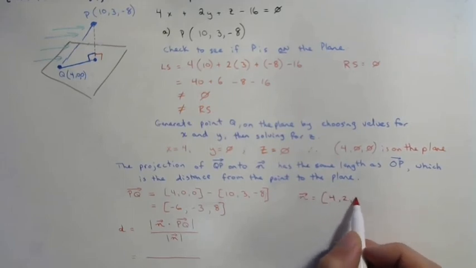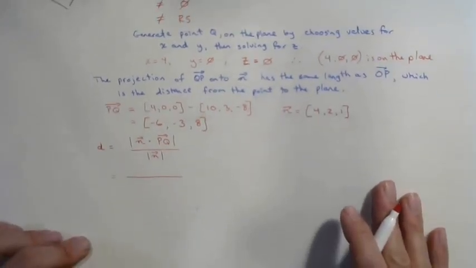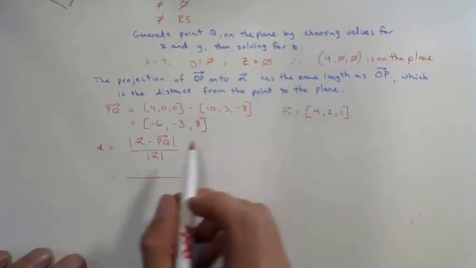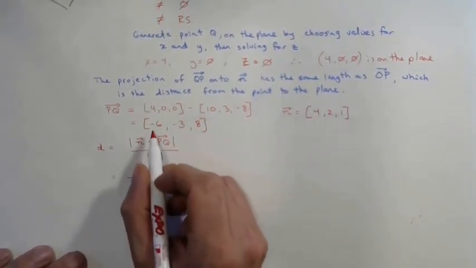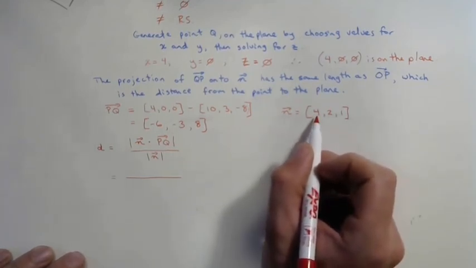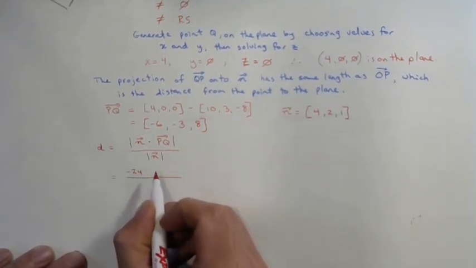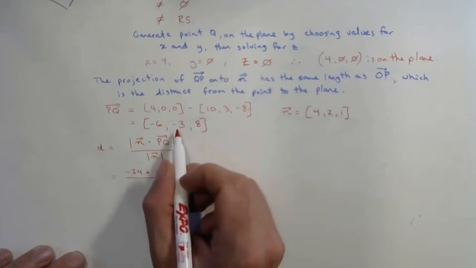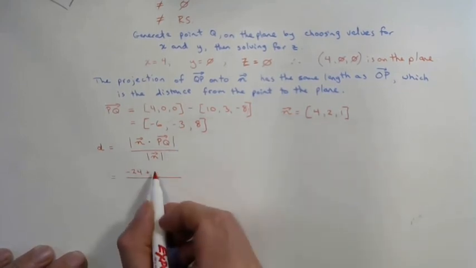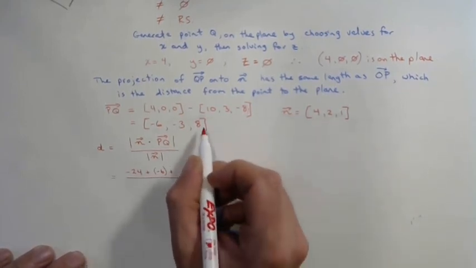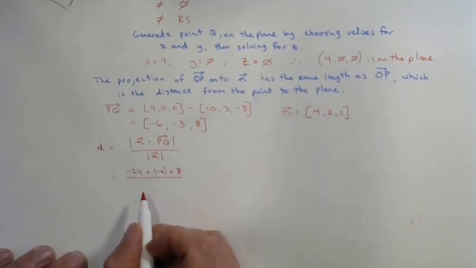Now I'm taking the dot product between that and PQ. So I've got negative 6 times 4, which is negative 24, plus negative 3 times 2, which is negative 6, plus 8 times 1, which is 8.